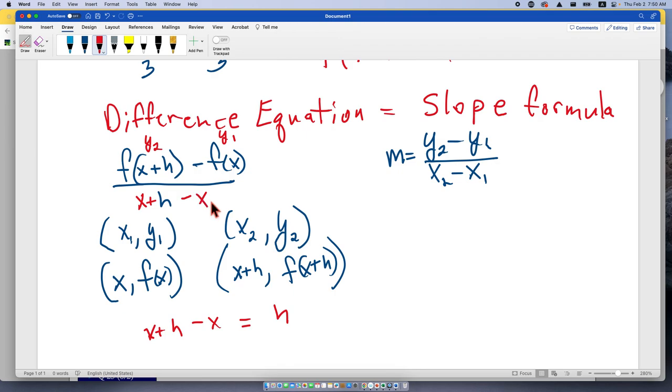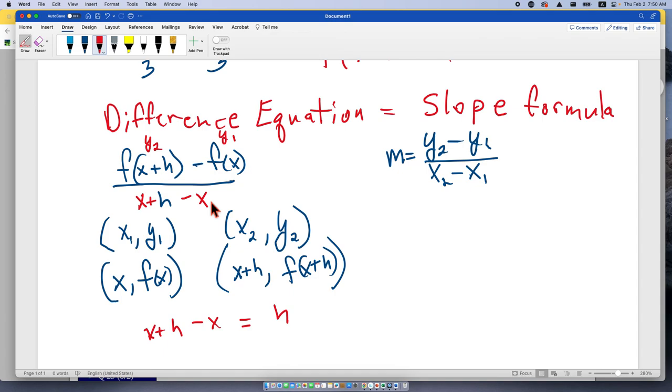But in the simplified version, you don't see this as y2 minus y1 over x2 minus x1. You don't see it as a slope formula. So I want you to maybe write it out a few times and then simplify it. But just remember, these missing parts are what can cause a lot of confusion, because you see it and think, oh, this is a special formula. Well, it's just a slope formula.